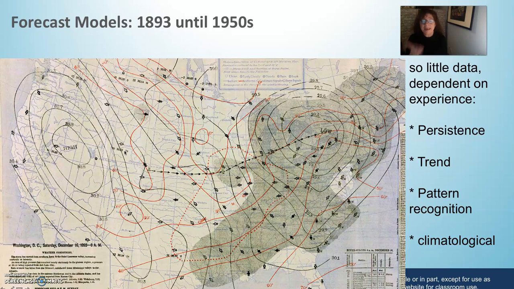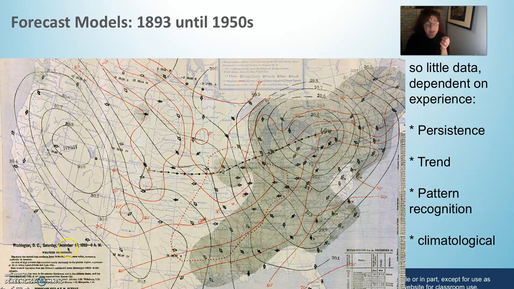So in order to make this map, which is a 7-day map, it's quite amazing. It takes a lot of skill for a meteorologist to understand that this is based on his or her experience in persistent trends and persistent movements of air across what they knew as pattern recognition and what they knew from the climate of that area.